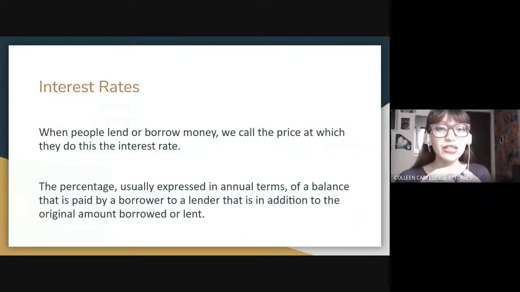So an interest rate is when people, for example, in the case of a pawn shop or even in a co-op, for example, in FICO. So FICO also offers loans to their members. When you are a member of a co-op, you are partly an owner, quote unquote, of that cooperative.